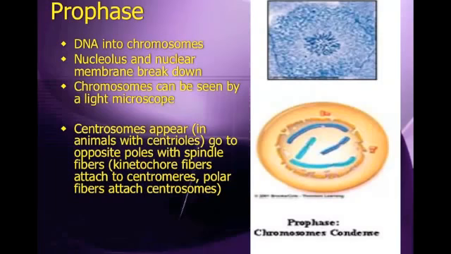Kinetochore fibers are the ones that are going to actually move your chromosomes, so those fibers go and attach to your centromeres, and your polar fibers attach the centrosomes to each other to maintain that shape. So these fibers are really important, and especially the kinetochore fibers. If you think kinetochore, kinetic energy, movement, those are the ones that are going to move your chromosomes.